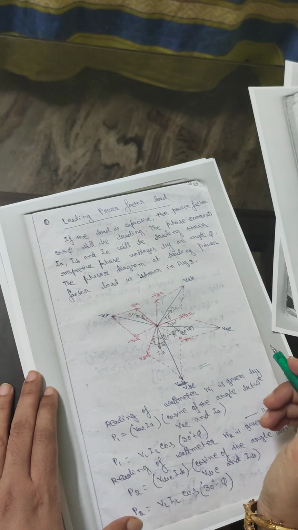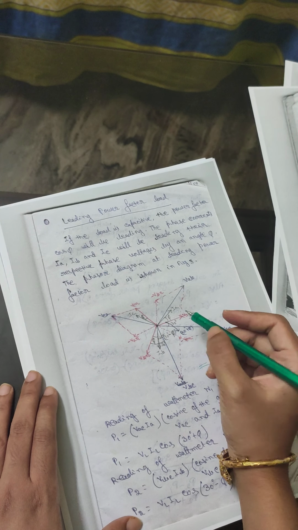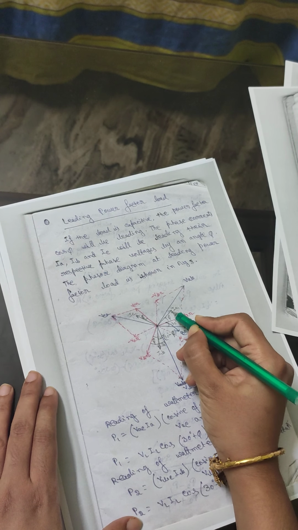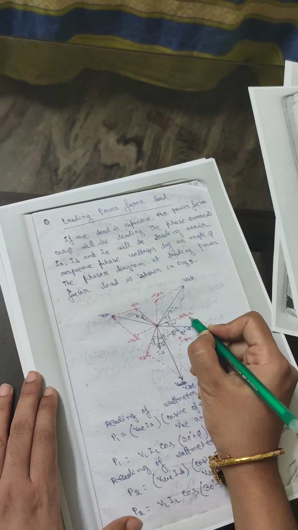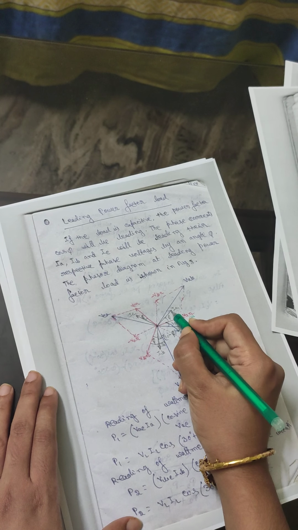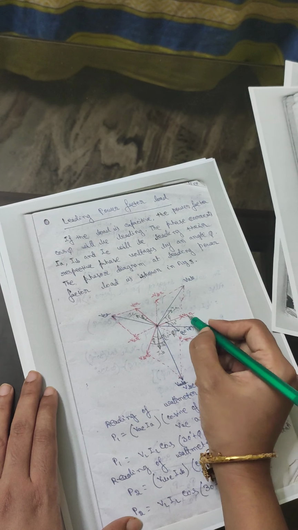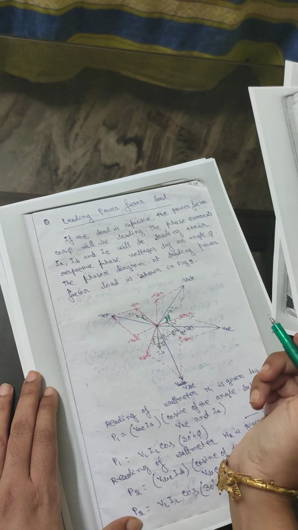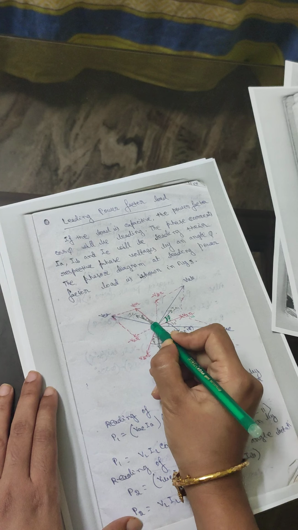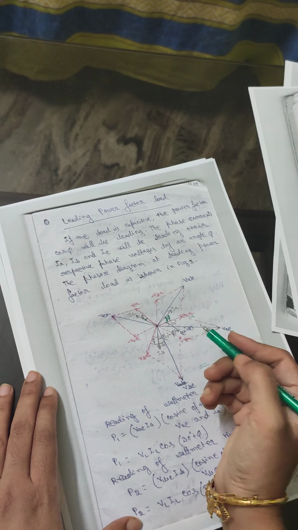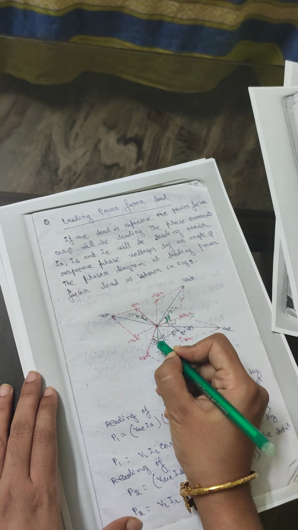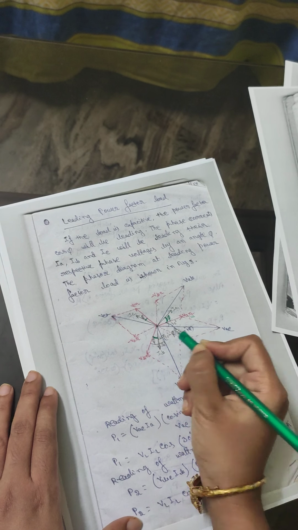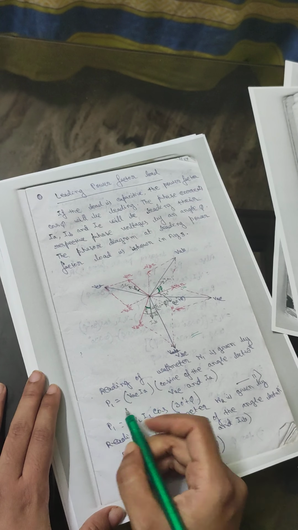When current is leading, that means here the current is leading over the phase voltage. Here see, current IA is leading over the phase voltage, that angle is phi. Here that angle is phi, and there that angle is phi.